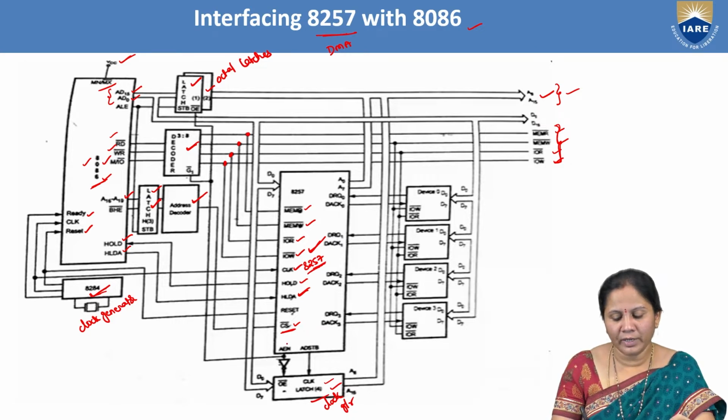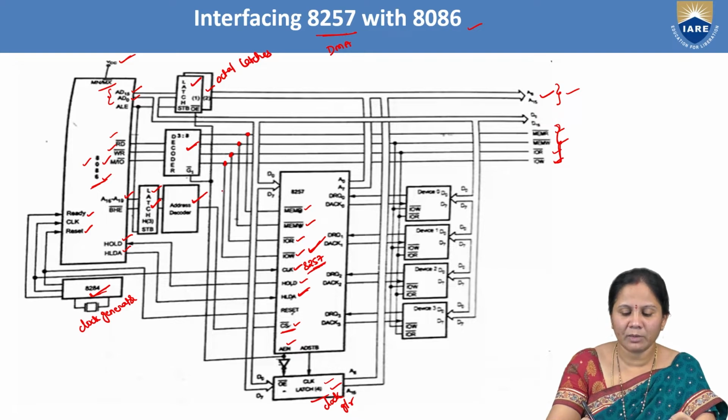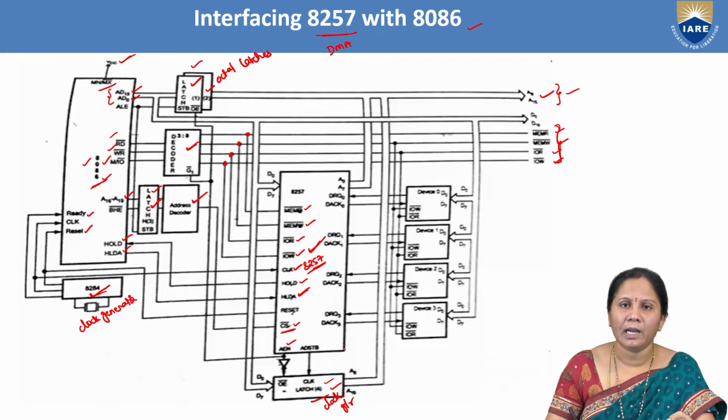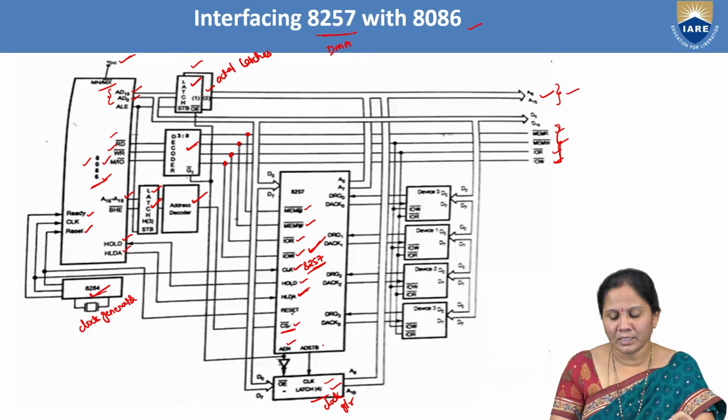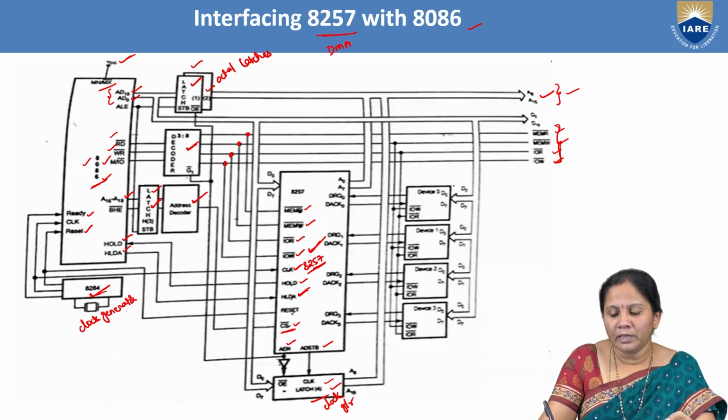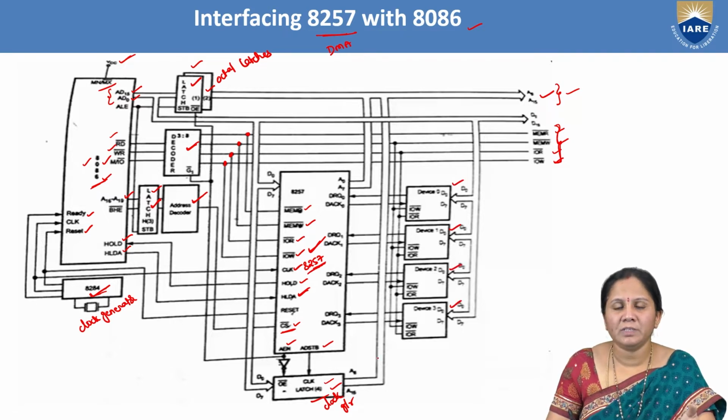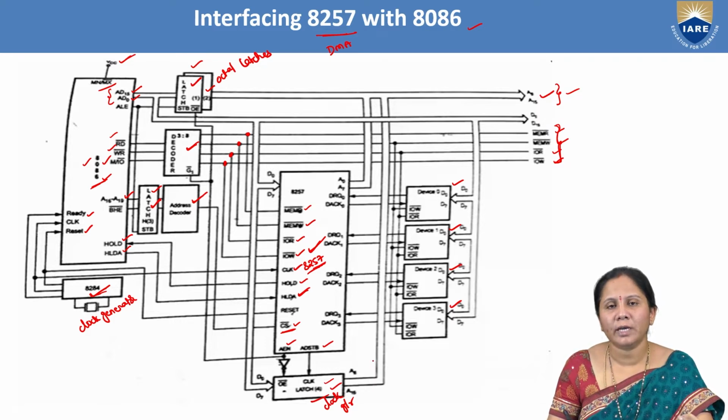And here we have AEN, that is address enable. This address enable will be driven by this latch. And this is the address strobe signal. Generally in the features of this 8257 DMA controller, we have studied that there are 4 channels available: channel 0, channel 1, channel 2 and channel 3.